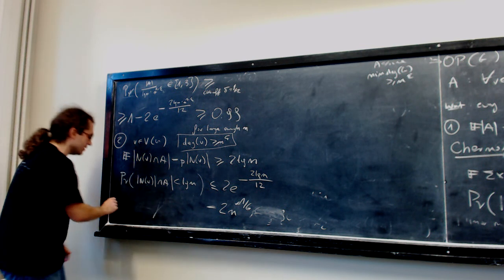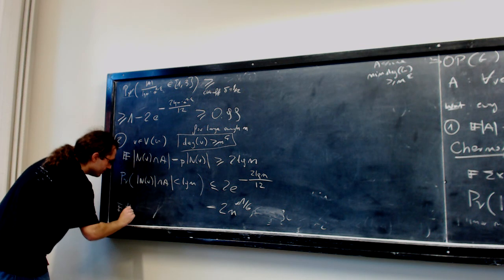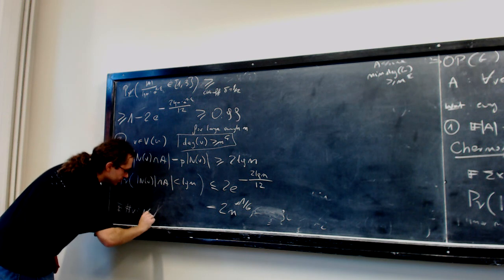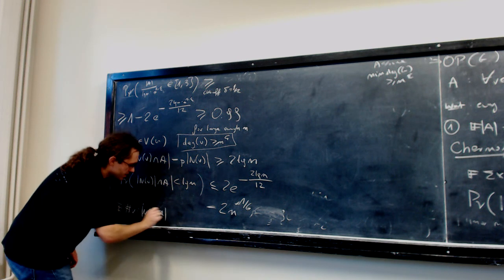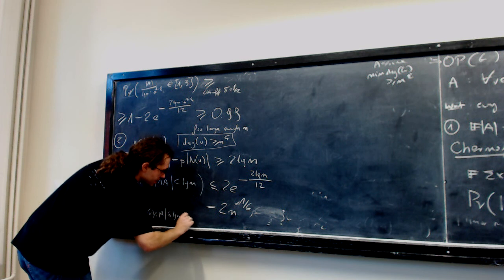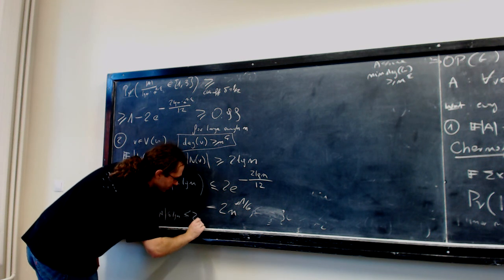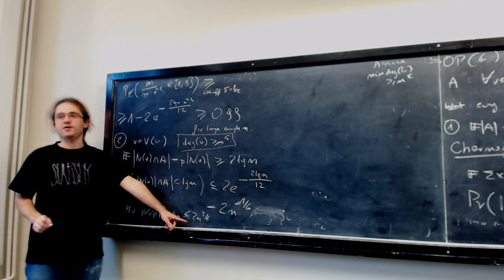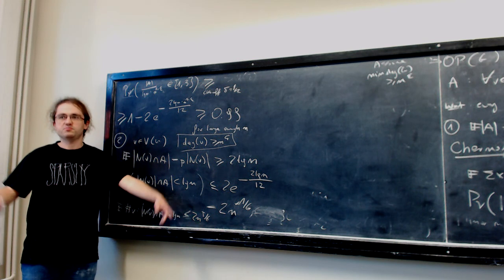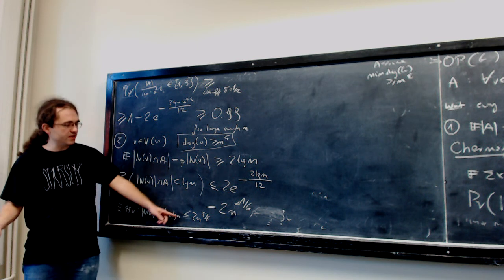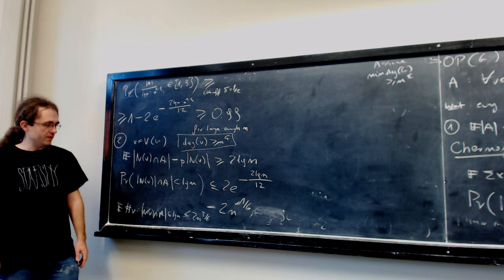So the expected number of vertices V whose neighbors in A is smaller than log n is smaller than 2n to the 5 over 6, which means that there will be very few of them. Now we can use some Chernoff or even I think Markov.